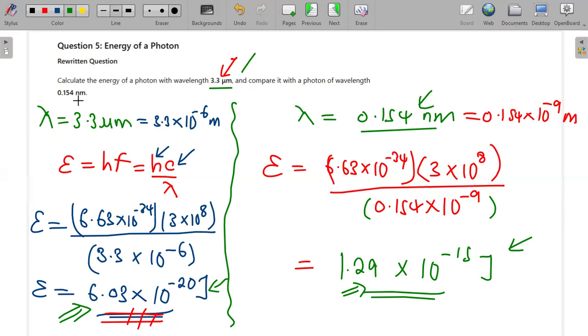this is micrometers, this is nanometers, so meaning that if I convert this nanometers to micrometers, what is it going to give me?